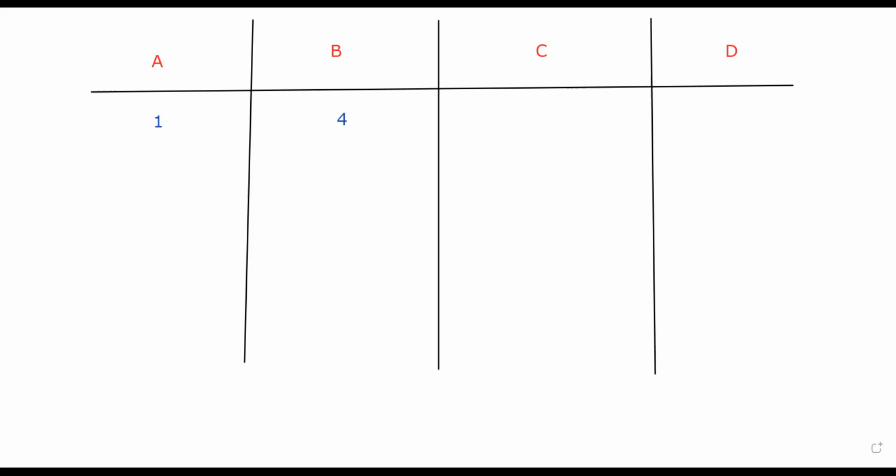So now we write that down. B to C is 2 to 3. Now we have the third bit of information, which is C to D is 5 to 2. So we write that down.